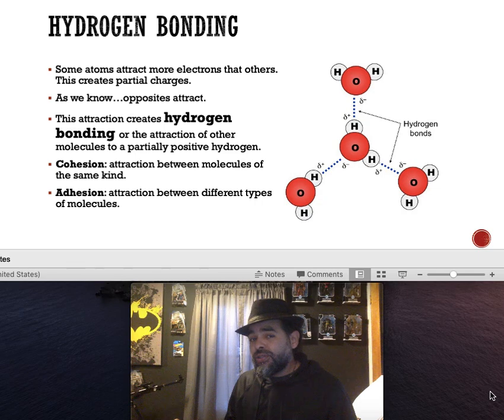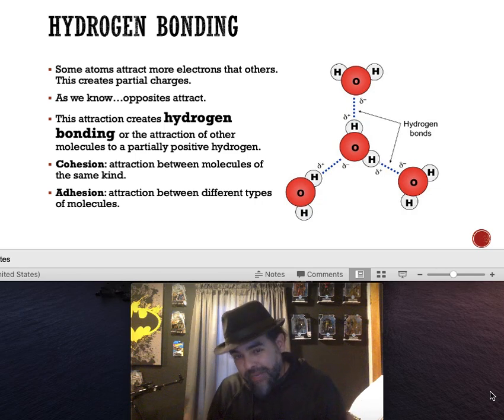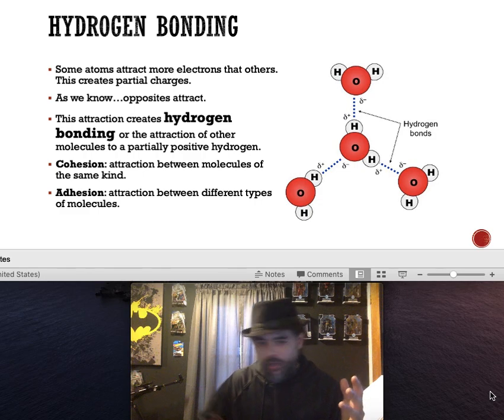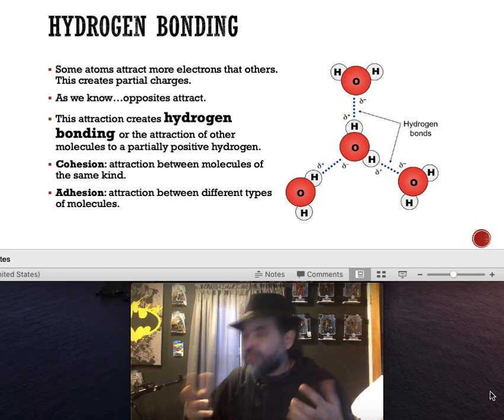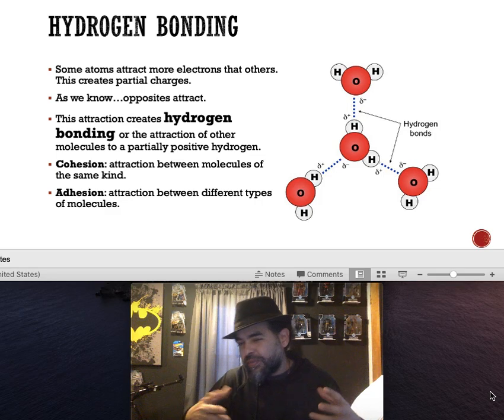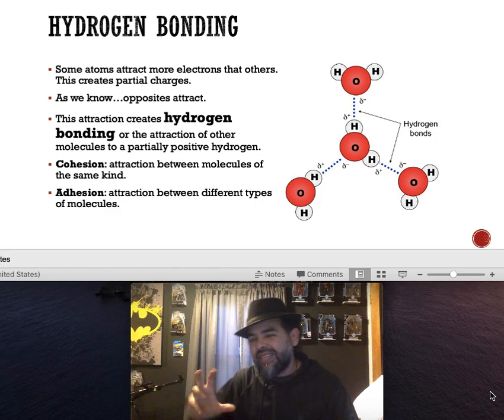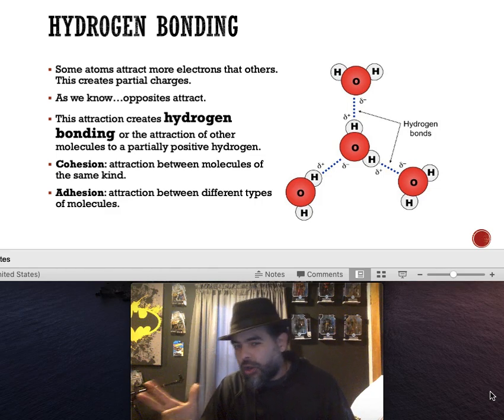And hydrogen bonding is pretty much an attraction that occurs between the hydrogen atom and another atom that is hungry for electrons. So instead of thinking like ionic bonding, where we have full charges, completely positive or completely negative, sometimes atoms and molecules end up in a state where they are not completely positive or completely negative. So they only have partial charges.